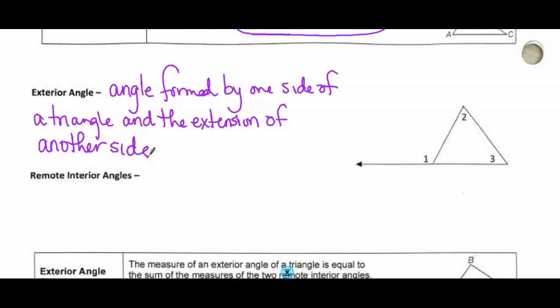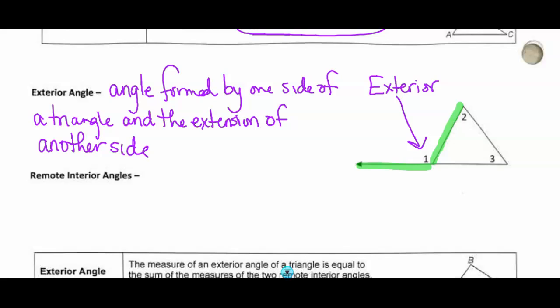Formed by one side of a triangle and the extension of the other side. So in this picture over here, angle 1 is your exterior angle because it's formed by this side of the triangle and this extension. So that is exterior.